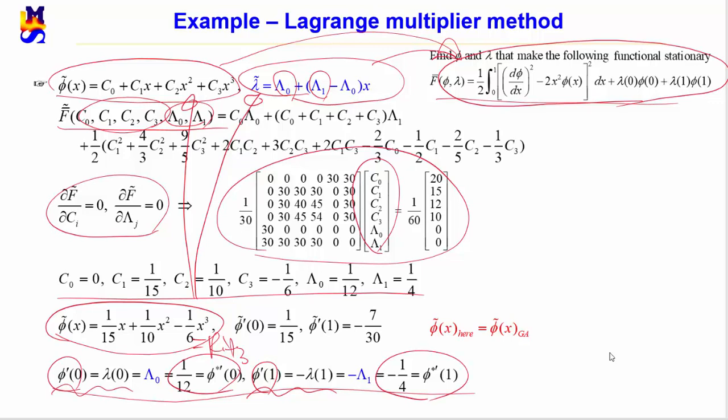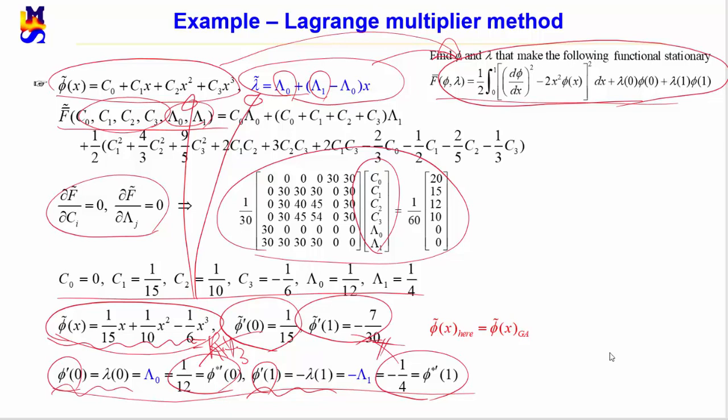Of course, we know that we cannot obtain the exact slopes from this approximated solution. That is, the approximate slopes calculated from this approximate solution are 1/15 and -7/30, which are different from the exact solutions of this and this, respectively.